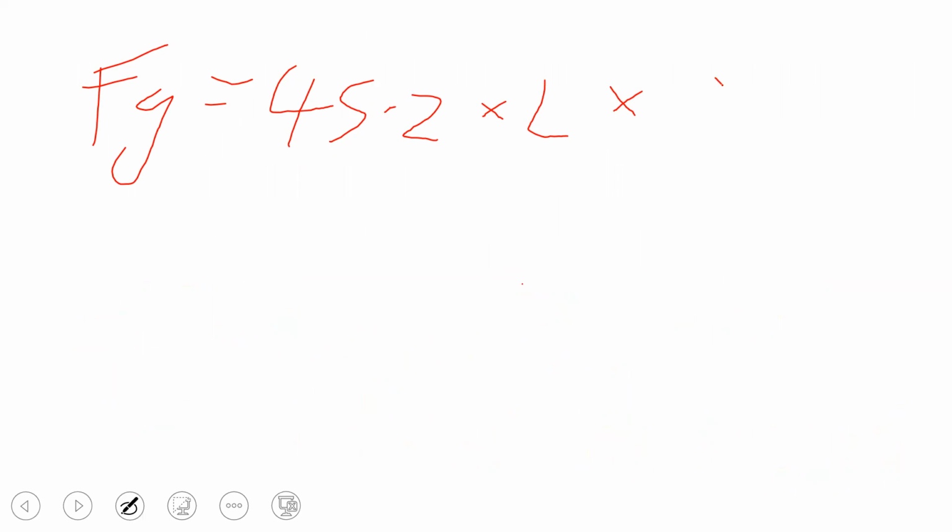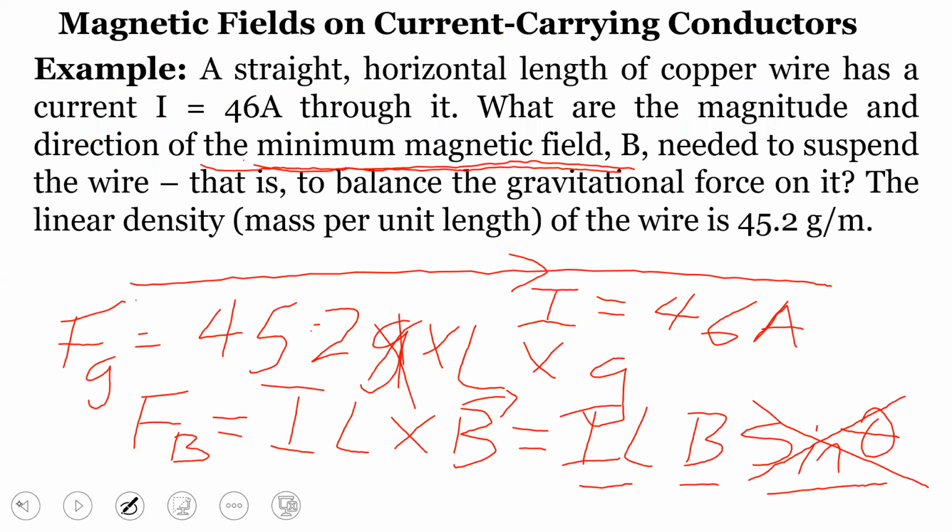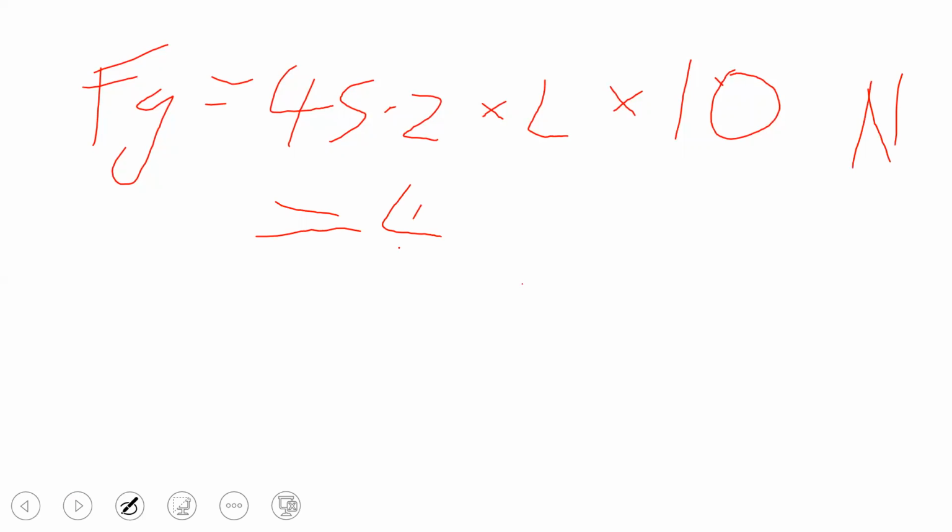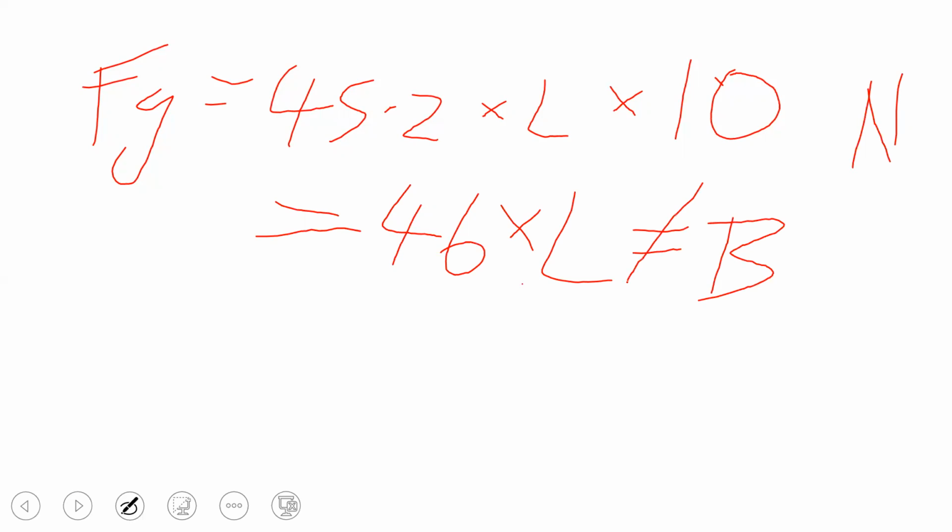Should we call it 9.8 or 10? All in newtons. And this is now being equated to I L B. I is 46 amperes, times that certain L again, times B, which is of interest.